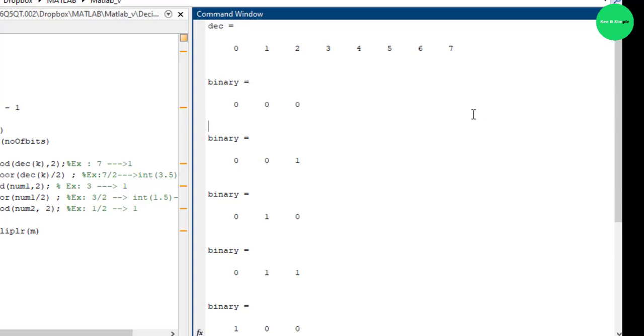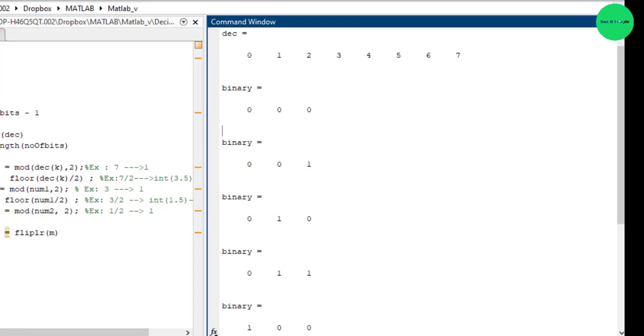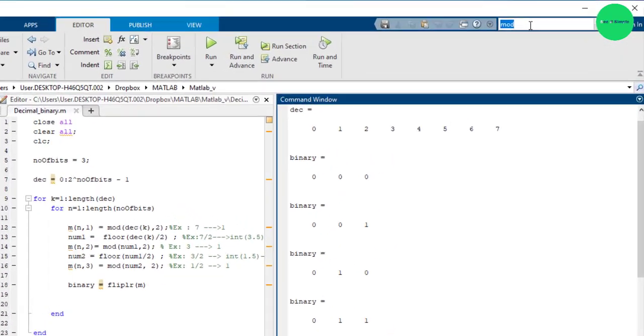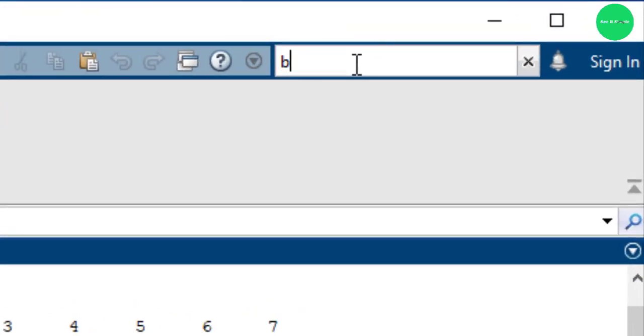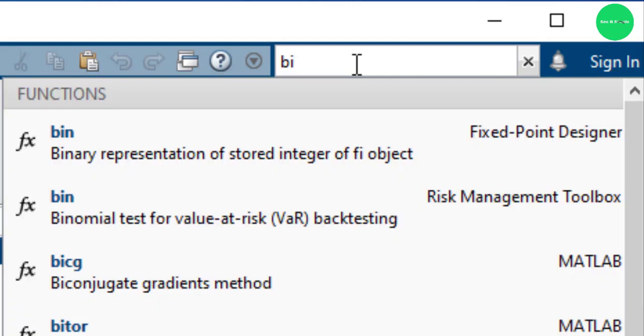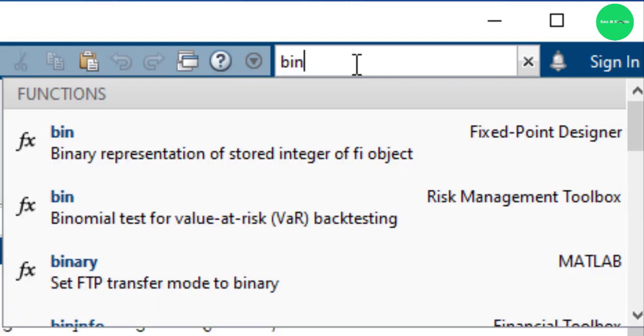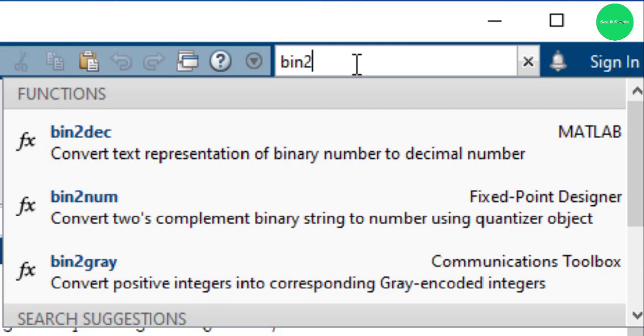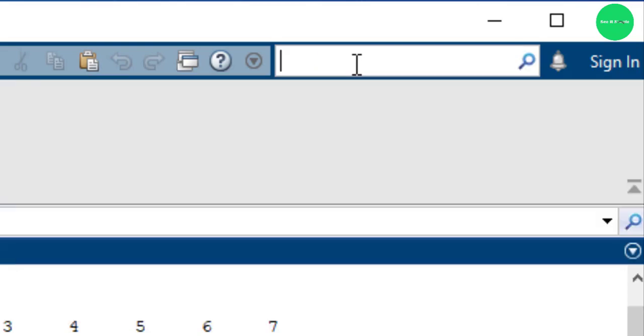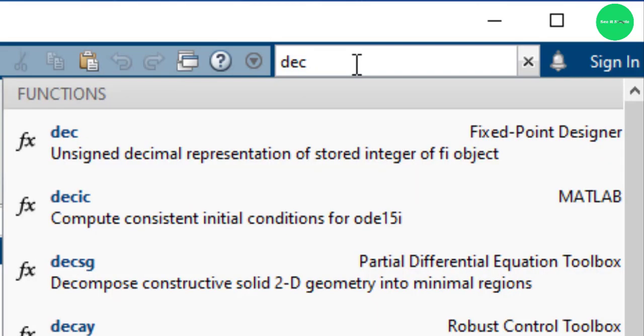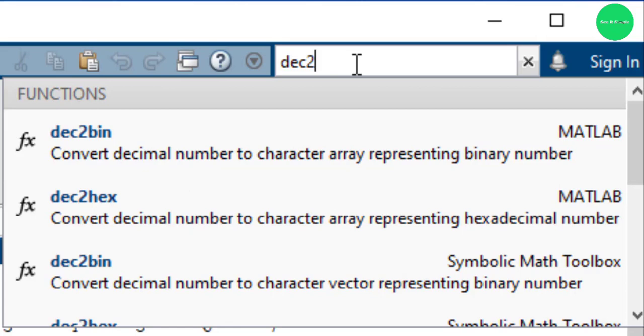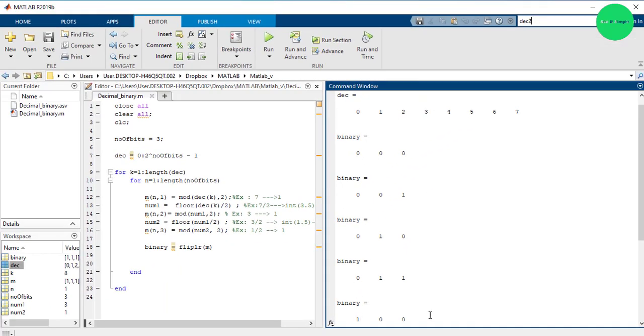As well, you can use the built-in function. I don't remember what it is, decimal to binary, dec2bin, this one. So let's see.